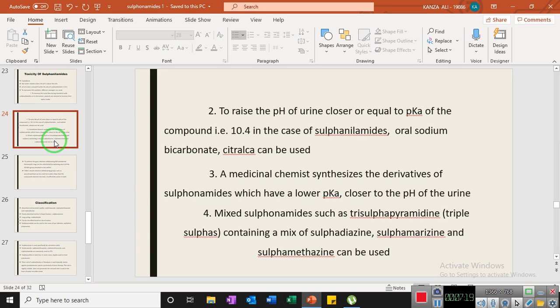And in the last strategies, we are increasing the pH of the urine, and in this strategy we are decreasing the pK of the compound. The purpose of both of these strategies is to make the pH and pK closer as much as possible.